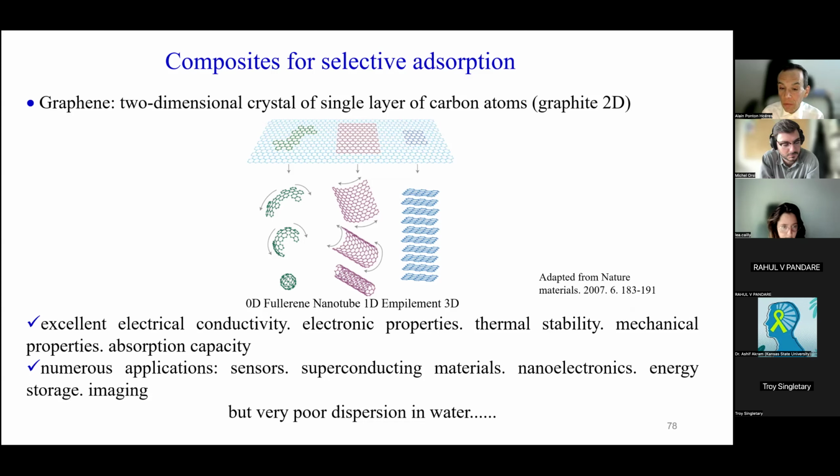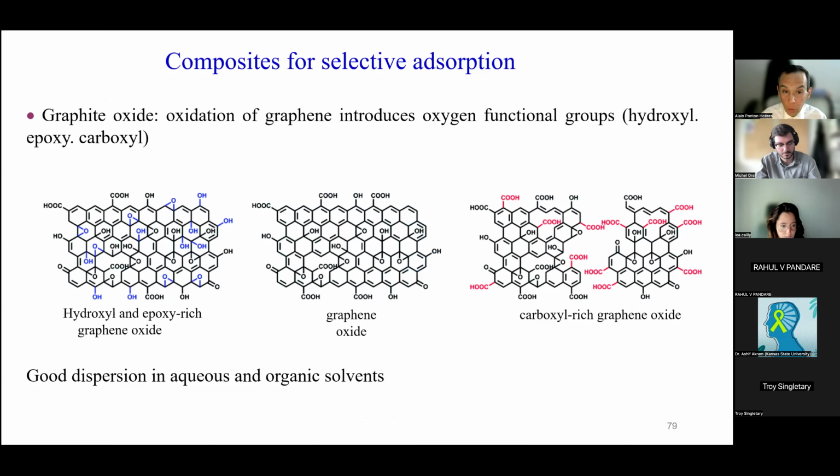They show a very poor dispersion in water. So if we want to introduce them in a polymer matrix, we have to modify the graphene. The solution is to oxidize the graphene to obtain graphene oxide. When you oxidize the graphene, you have a lot of functional groups with oxygen and proton.